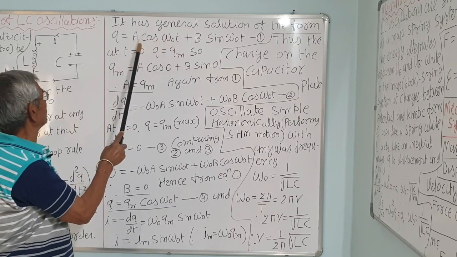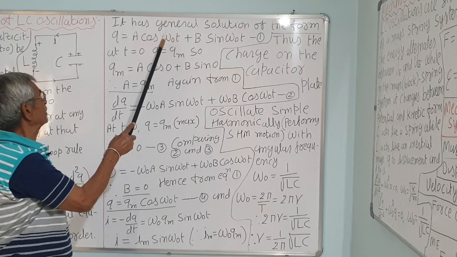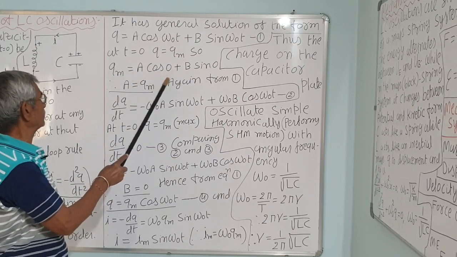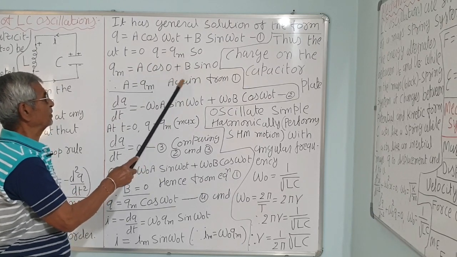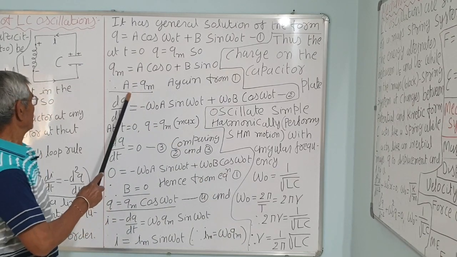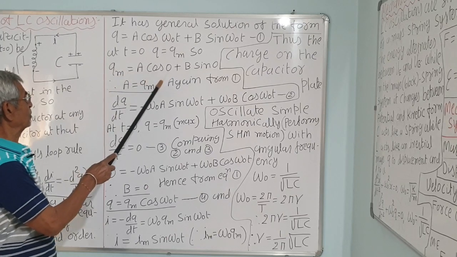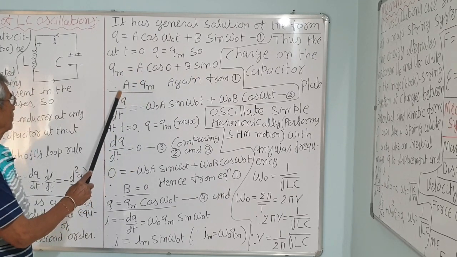Put 0 in this equation, A cos omega 0 t, that is cos 0, and we know cos 0 is 1. So this will be 1, plus B sin 0, and sin 0 is 0, correct. Therefore, Qm is equal to A.